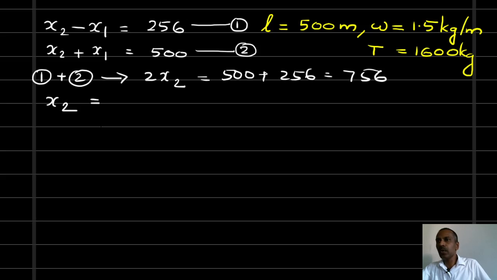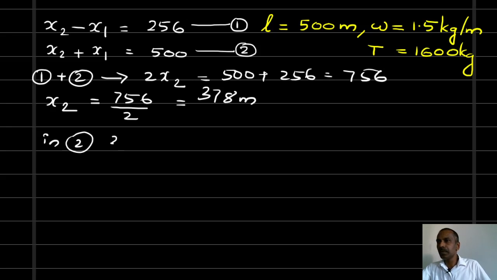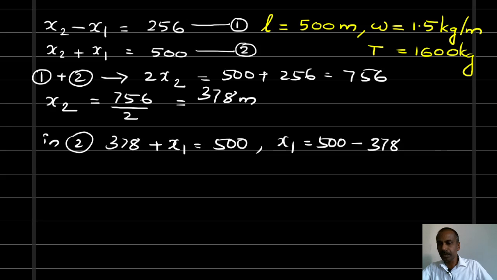So x2 is equal to 756 by 2, which is equal to 378 meters. Now substitute this in the second equation. 378 plus x1 is equal to 500, or x1 is equal to 500 minus 378. This is equal to 122 meters.